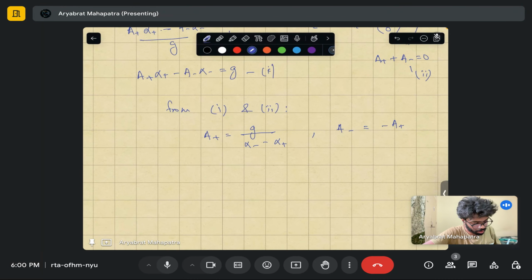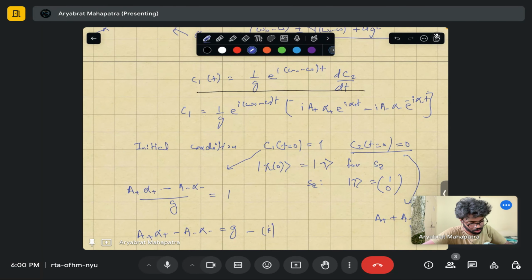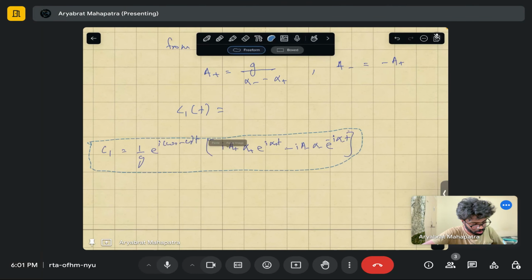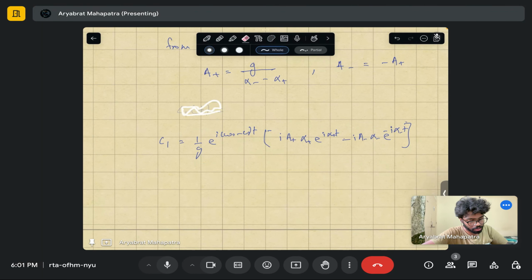So then you finally have C1 of t. You put what A plus is, so this is your C1, and similarly you have C2.